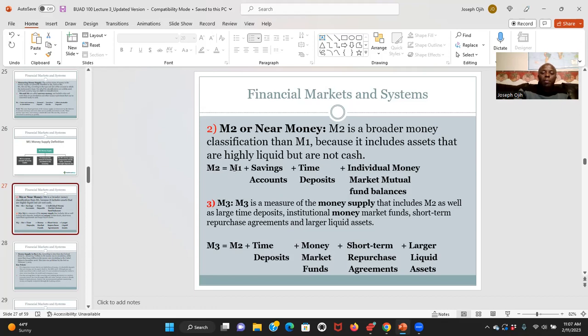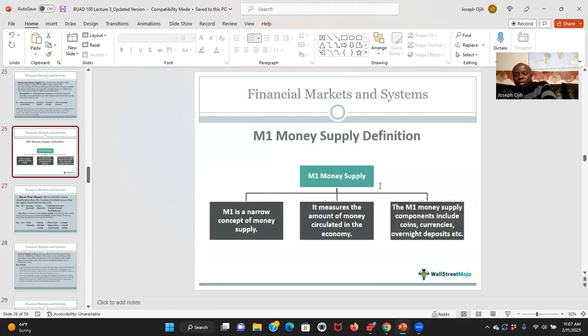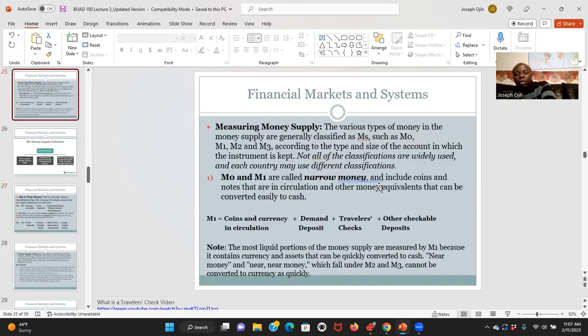So you include M1, plus savings accounts, plus time deposits, plus individual money market mutual fund balances. All these are part of the money supply, but they're not as liquid as M1. Remember, the M1 classification includes currency and coins, plus demand deposits, plus traveler's checks and other checkable deposits.